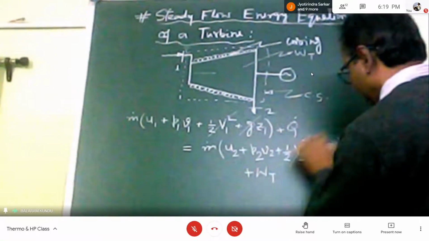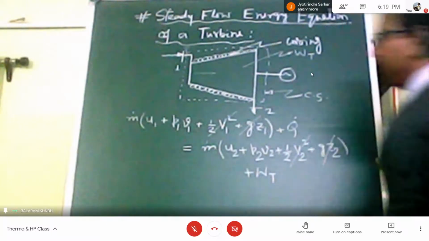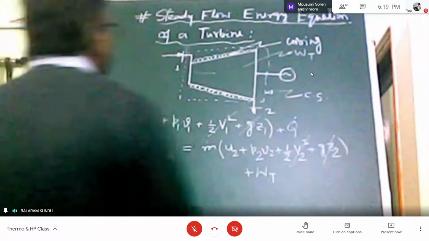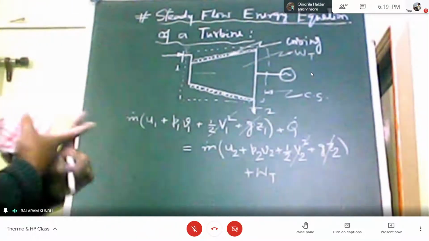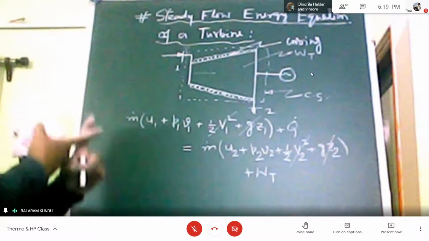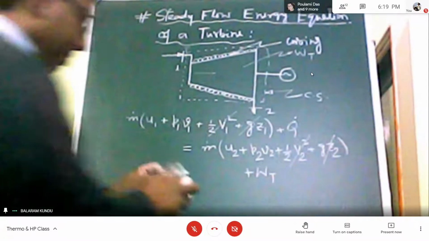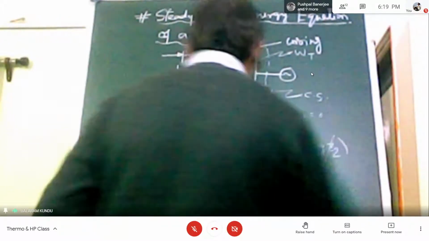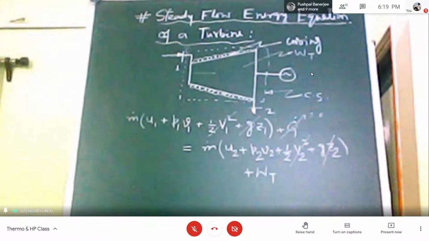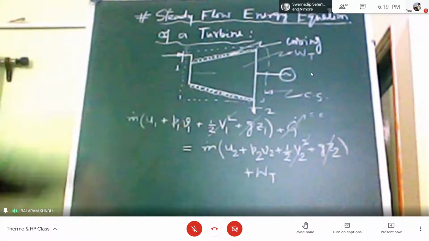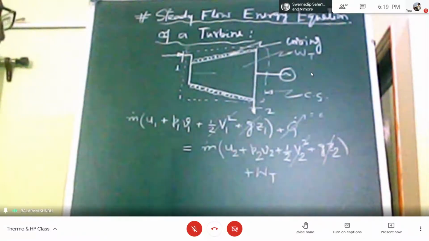Then, we have already assumed that there is no heat transfer from the casing to the surroundings, since insulation has been made, so we can consider Q equal to 0. So this term equals 0.